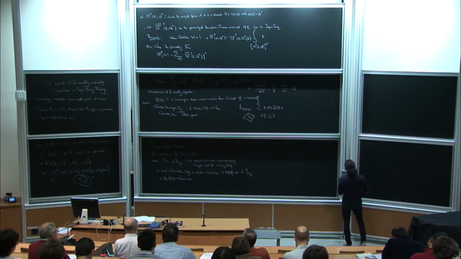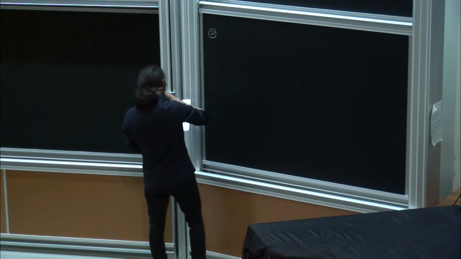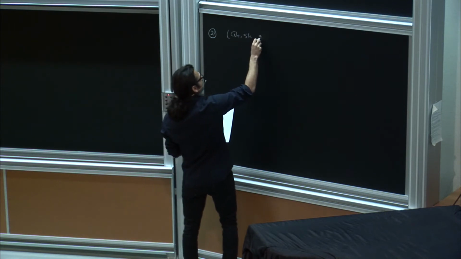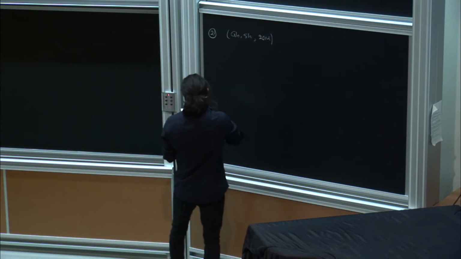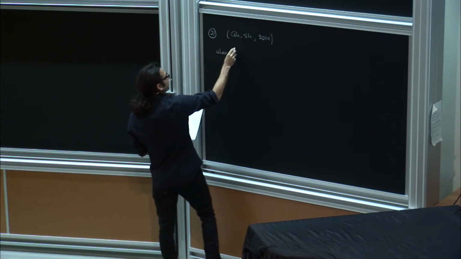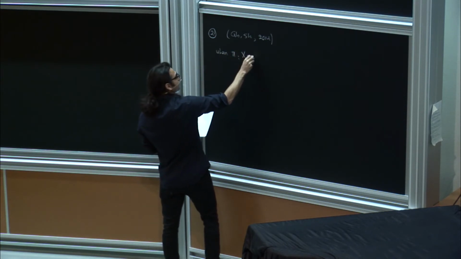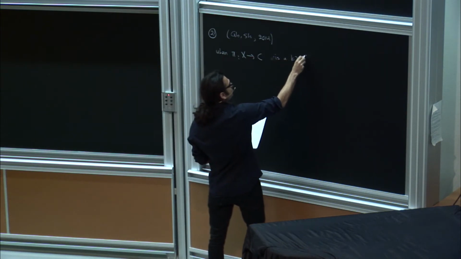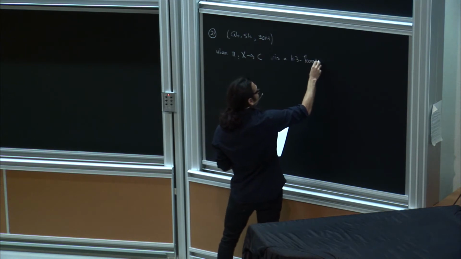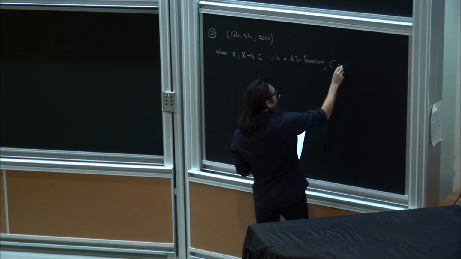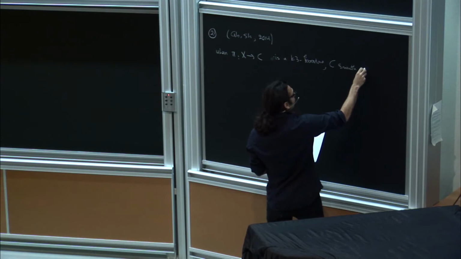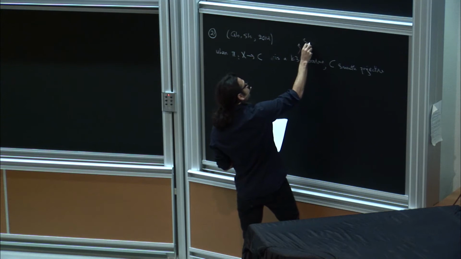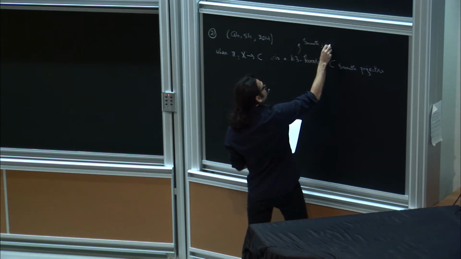Then the second one, more importantly, together with Gholampour, in 2014, we proved the following statement. When X over C is a K3 fibration, C being smooth and projective, this could be a K3 fibration, could be smooth or nodal, doesn't matter.